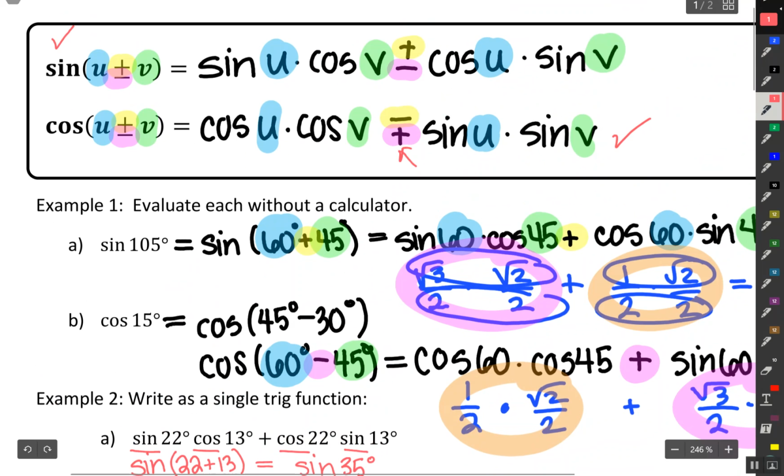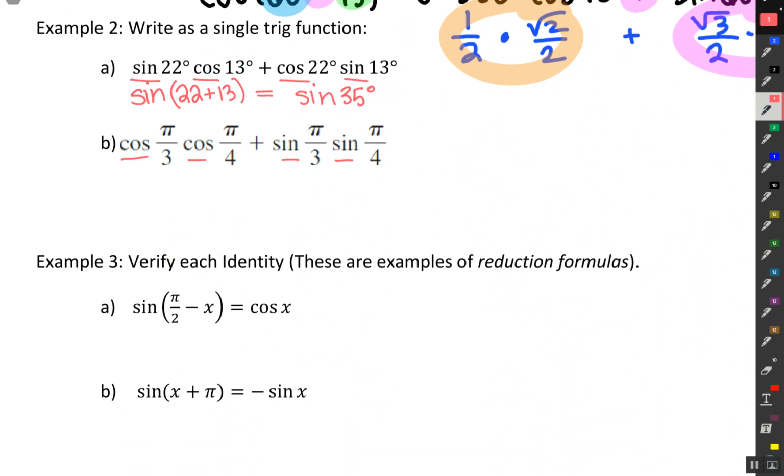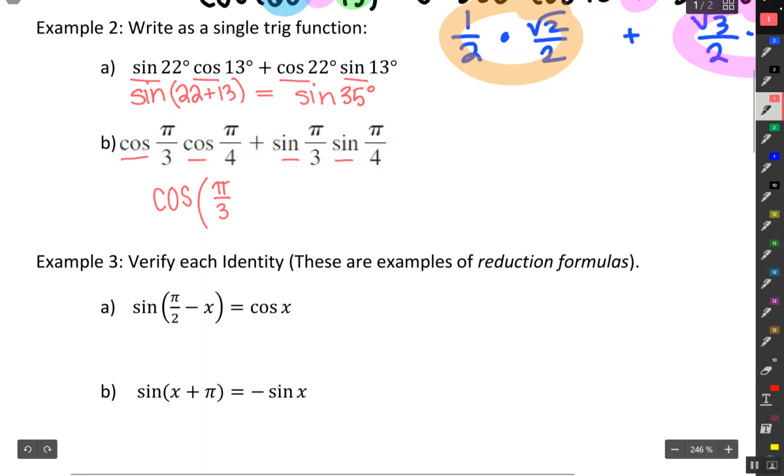So if it is adding, we are actually going to be subtracting. Okay, so it's cosine of pi over 3 minus pi over 4. So we're going to need to do a little common denominator fraction work to get pi over 3 and minus pi over 4 into one thing.